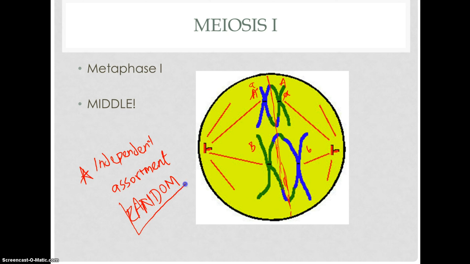A random assortment of where the homologous chromosomes occur, meaning if we have chromosome 1, chromosome 2, chromosome 3, and chromosome 4, this whole order could be warped, meaning chromosome 2 could be chromosome 1 and chromosome 1 could be chromosome 2. So it is very random where these chromosomes line up in the middle of the cell. So this is metaphase 1. Independent assortment is the key term here.